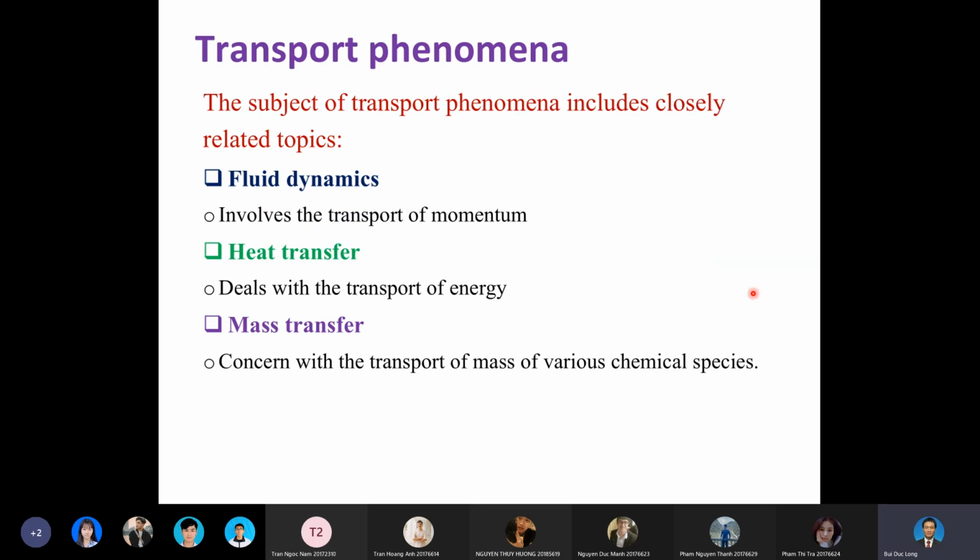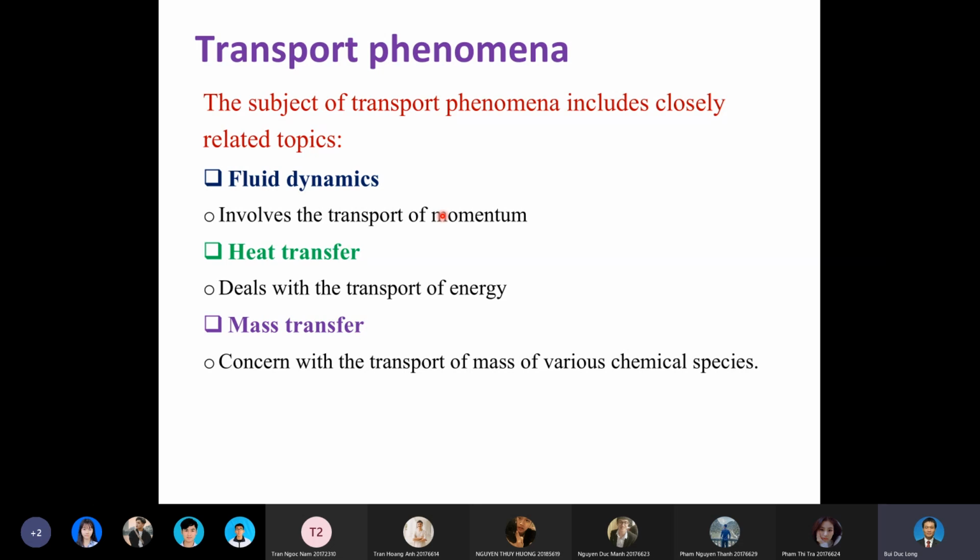So in this course, we will study transport phenomena. The subject of transport phenomena includes closely related topics, including fluid dynamics or transport of momentum. Dr. Hai will be in charge of this topic.